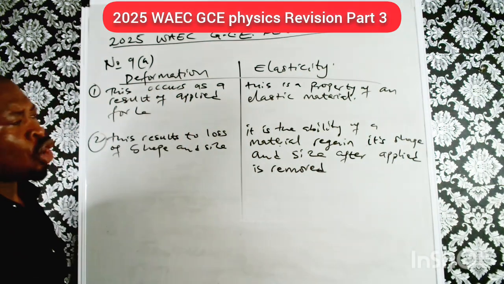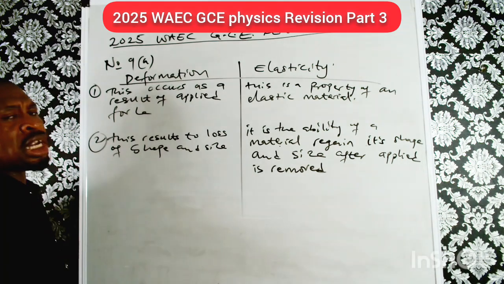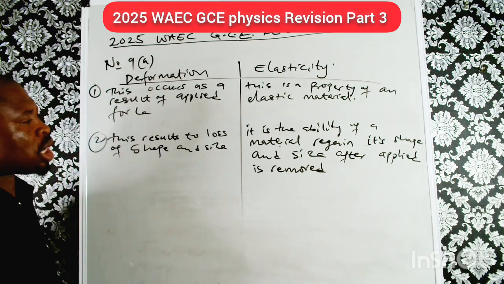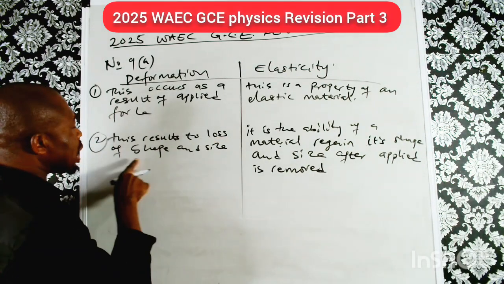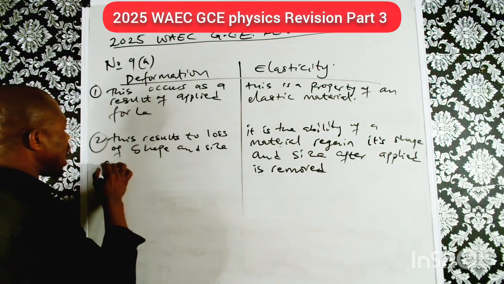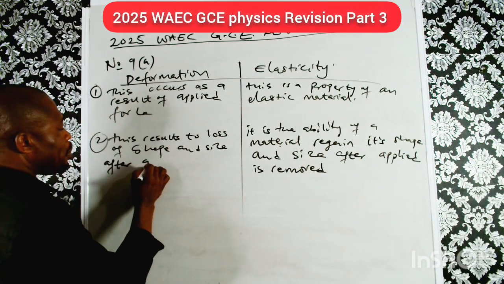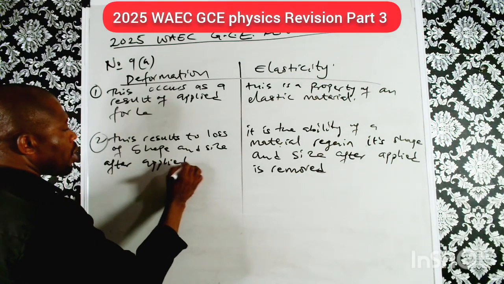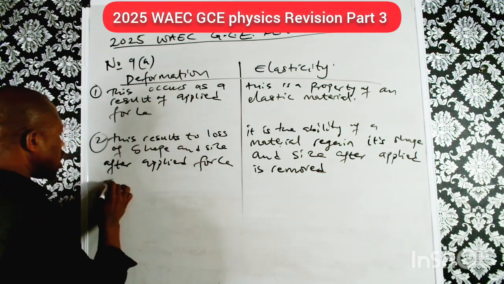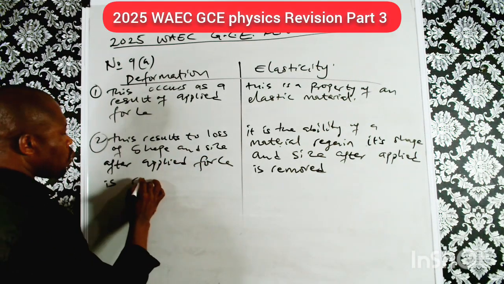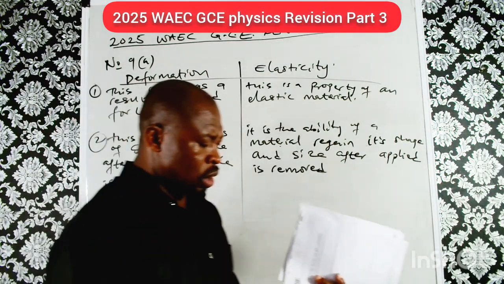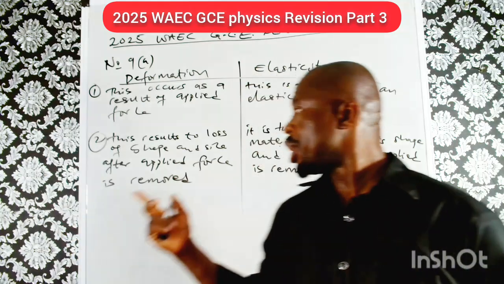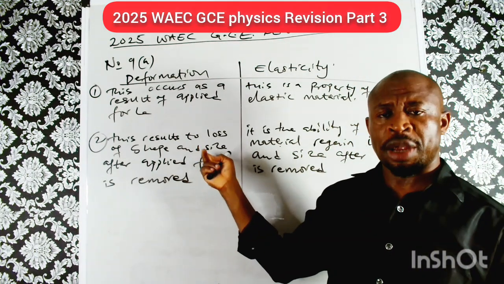When you remove the applied force, an elastic material returns to its original shape and size, whereas for deformation there is a loss of shape and size.